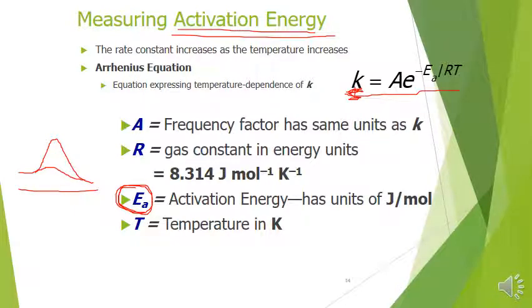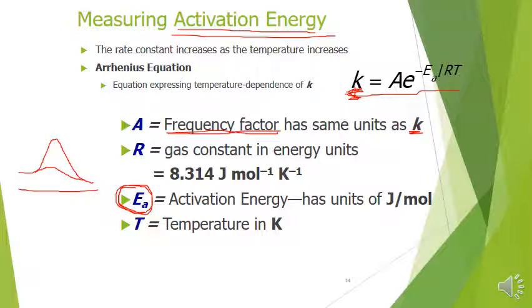The rate constant, the same k that we've been talking about before, is equal to A, which is called the frequency factor, but it's sort of like the collision effectiveness of the reaction. So if this is really high, then k will be high. And this has the same units as k as well.